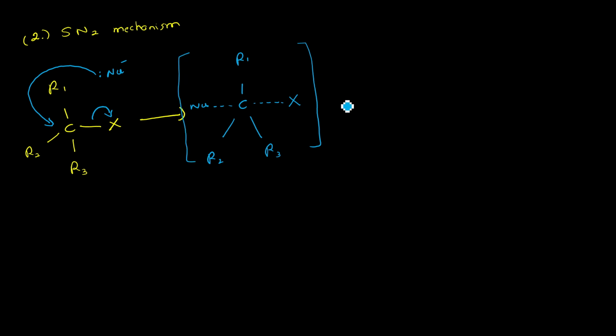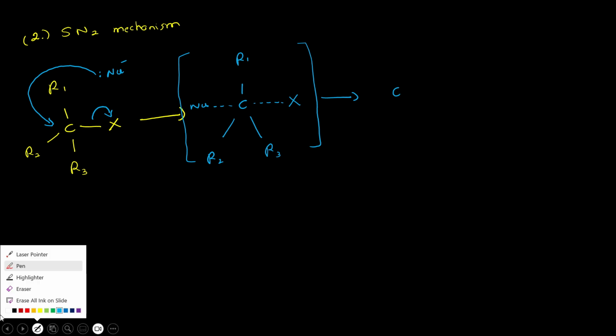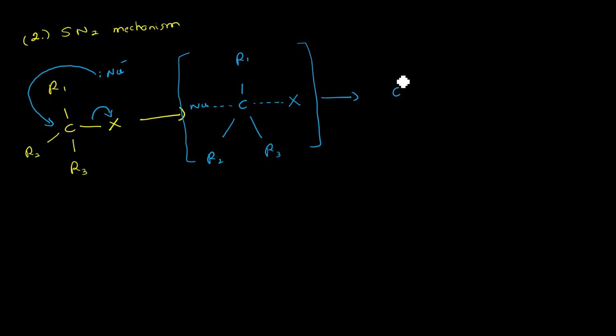Through this transition state, you will have your final product, carbon, R1, R3, R2, and here you have the nucleophile. So this is a one-step reaction. There is no reaction intermediate. So there is no problem identifying the rate determining step. There's only one step, so this is the rate determining step.